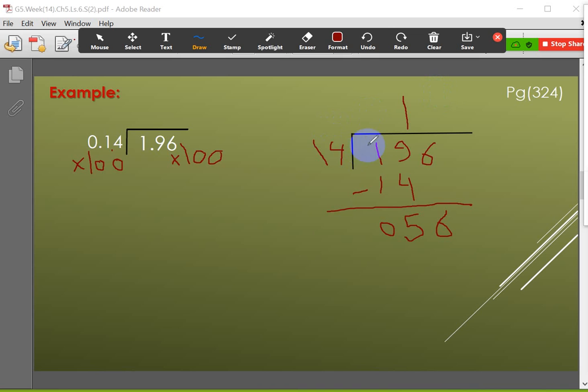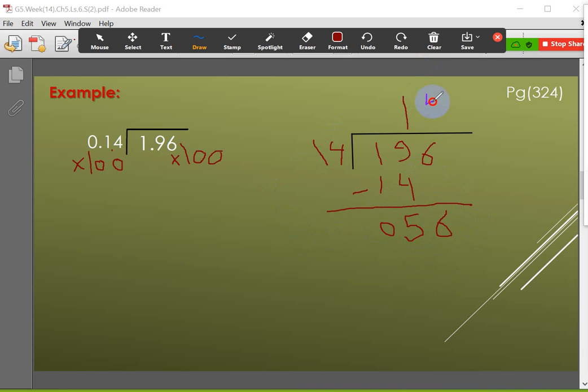I want you to think about the ones. Which number, if I multiply it by 4, the ones will be 6? 9 multiply 4, but if you multiply 9 by 14, the number becomes greater than 56. There is a number less than 9 I can multiply by 4 and the ones will be 6.